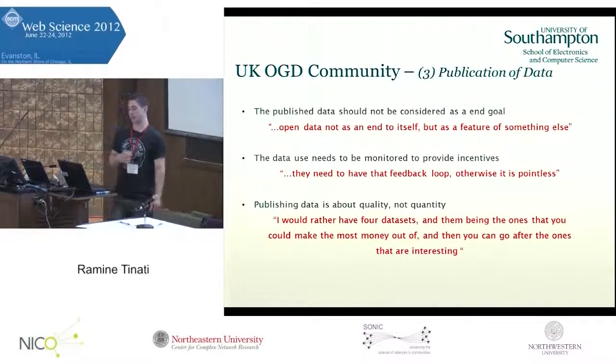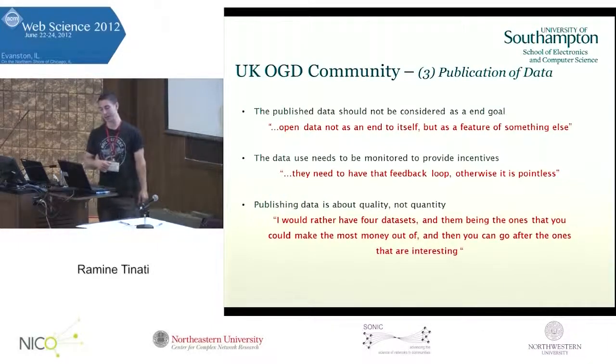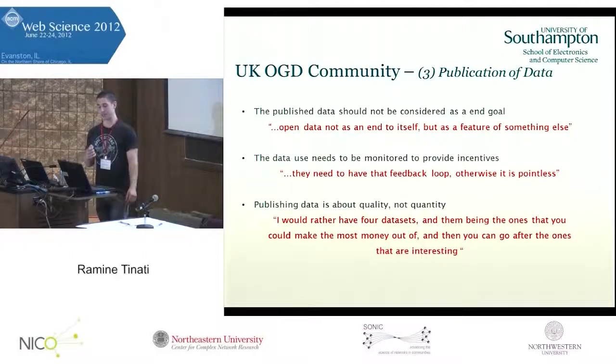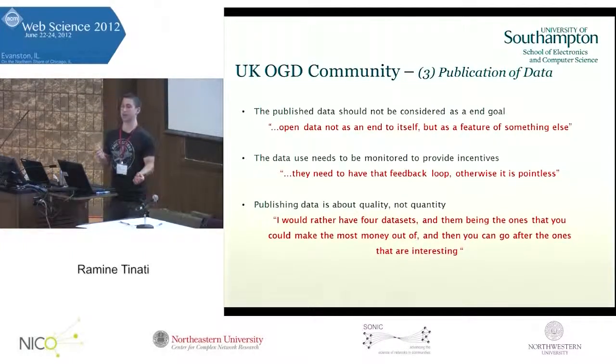As some of the people said, and here are a few quotes I quite like, open data is not a means to an end in itself, but a feature of something else. And a crucial part, which also reflects the data.gov repository, is that just because data is released, it doesn't mean that the data is being used.